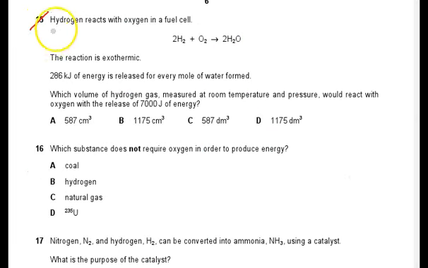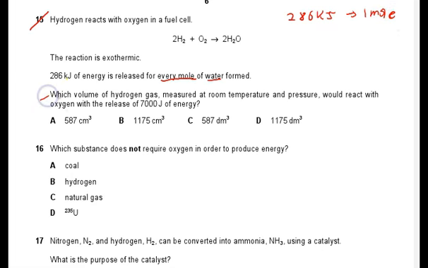Okay, now for number 15, hydrogen reacts with oxygen in a fuel cell. This is the equation. The reaction is exothermic, meaning it's releasing heat. 286 kilojoules of energy is released for every mole of water formed. So we put here 286 kilojoules for 1 mole.